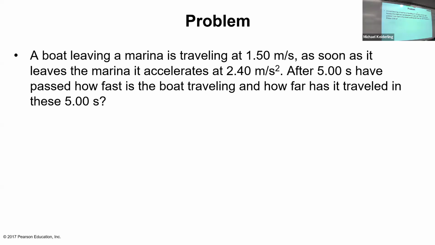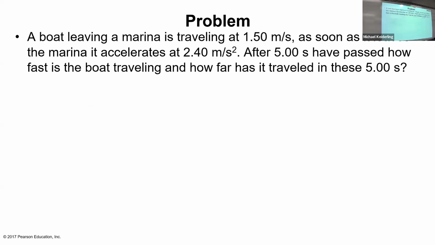So, in this case, let's start by going over what we know and what we're looking for. So we'll erase these. What we know: our initial velocity is 1.5 meters per second.